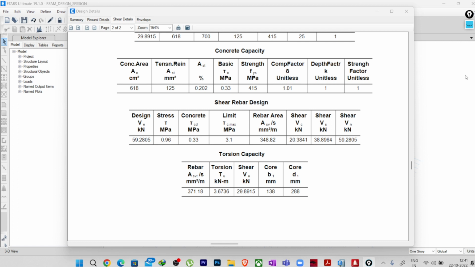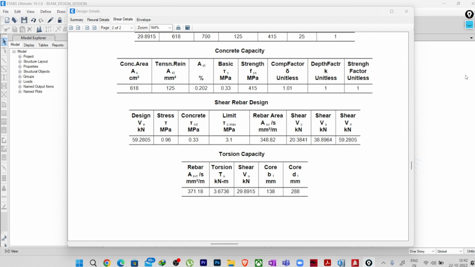It is up to you which particular input you are giving, which one you are considering to design, and which one you are ignoring. In the software, if you are ignoring something, then the result will come as per your consideration. Some people used to say that the manual design results will not match the software results. So this is the proof that software results are matching in case you are considering the proper input.